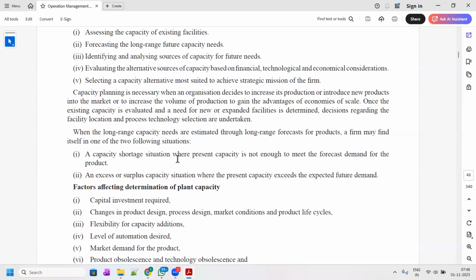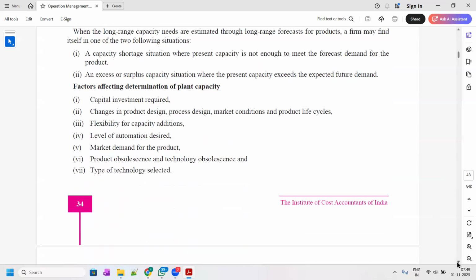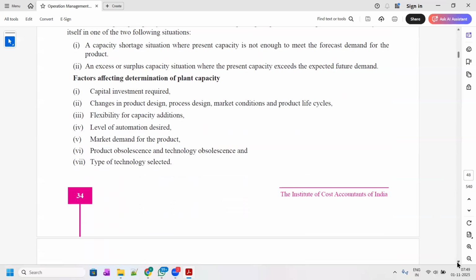That interest you will pay before the payment of tax, and that would affect your profitability or earning ability as a firm. So companies definitely consider those parameters whenever they talk about planned capacity.